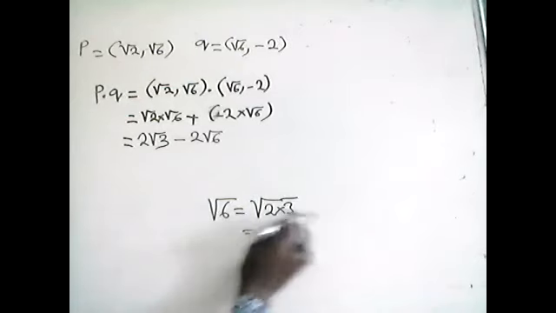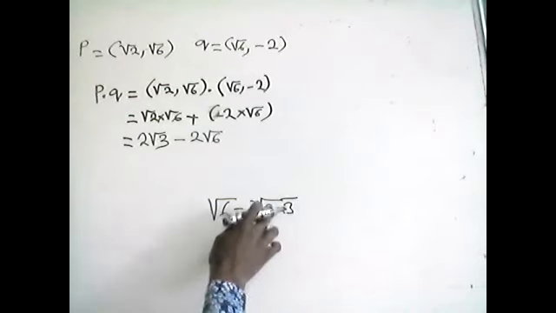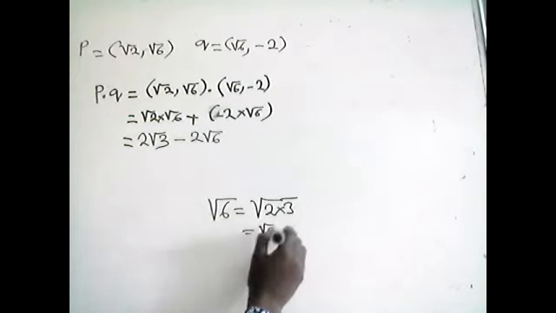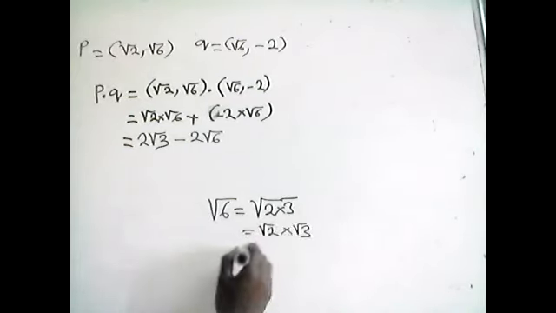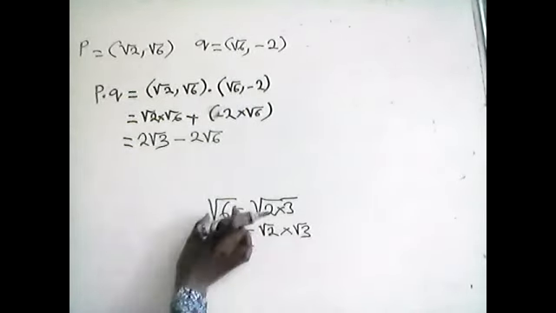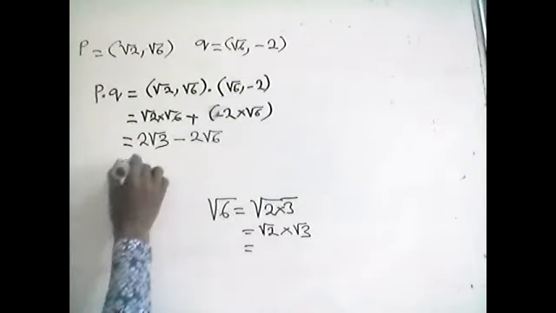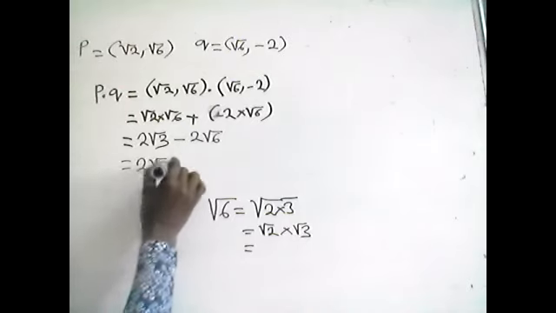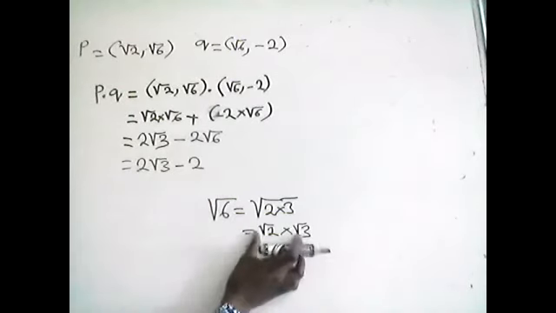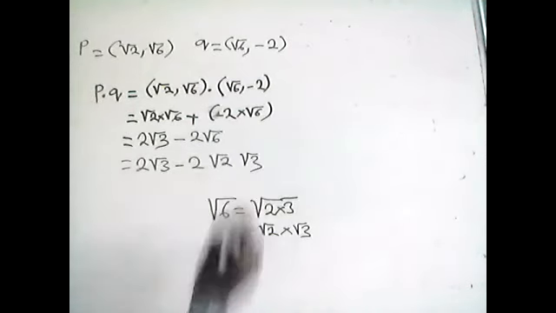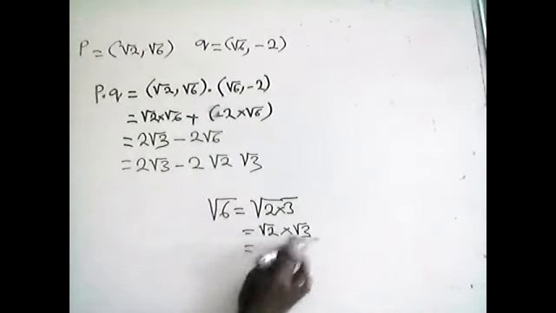And then you can just rewrite this, you chunk root 2 on its own, root 3 also on its own. So root 2 times root of 3. So when there's root 6, I'll replace it with that. So we have 2 root 3 minus 2 root 6. I'll replace it with root 2 root 3 like that. So when you have multiplication there, it is just root 2 root of 3.